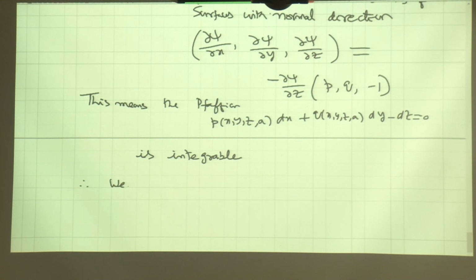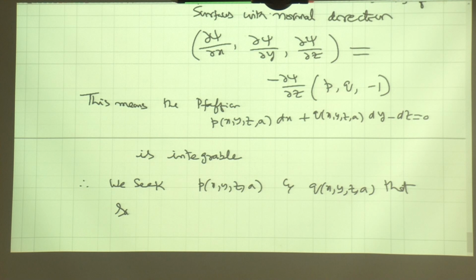we seek functions p and q. I think earlier we wrote phi and psi in the previous lecture. We seek these functions p of x, y, z, a and q of x, y, z, a, such that what? That satisfy the equation, just the algebraic equation, there is no PDE here.